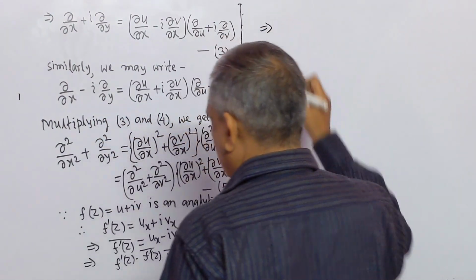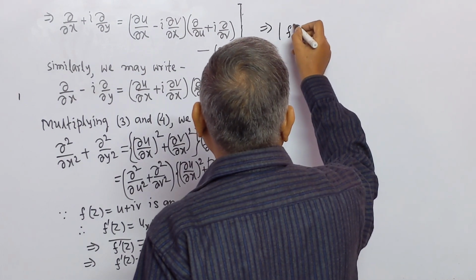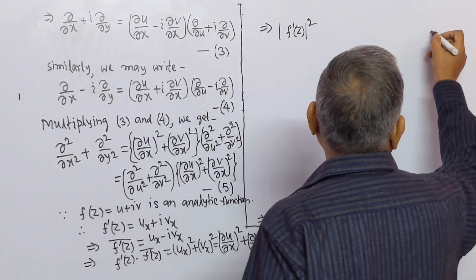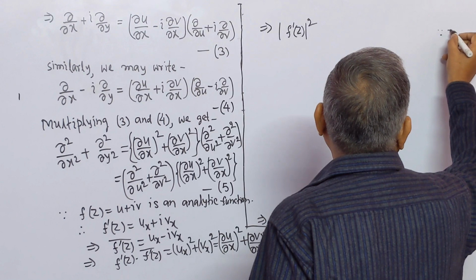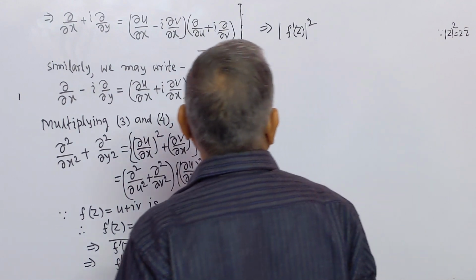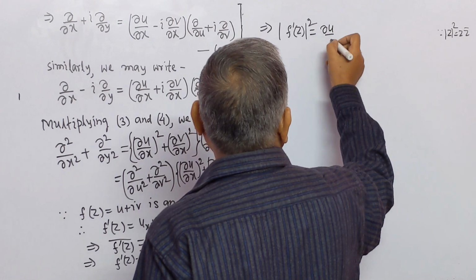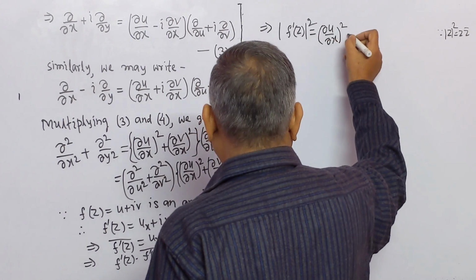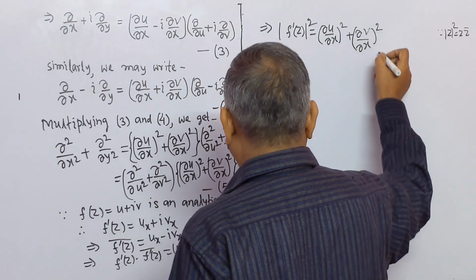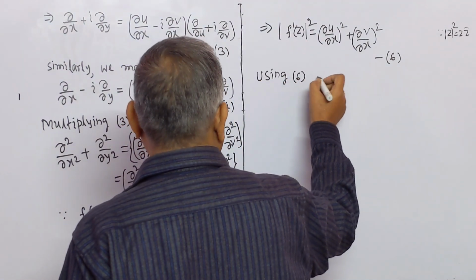This means modulus of f prime z whole square. Since we know modulus of z square equal to z z bar, and right side equal to del u by del x whole square plus del v by del x whole square. This is number 6.